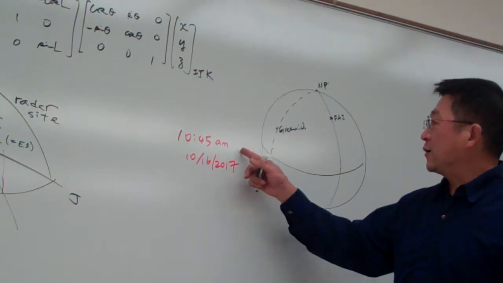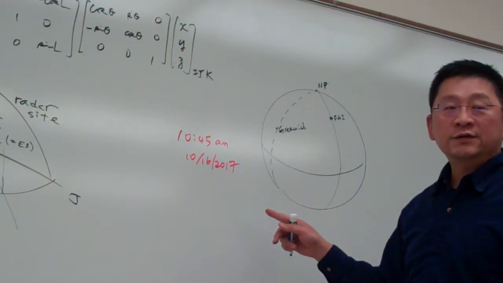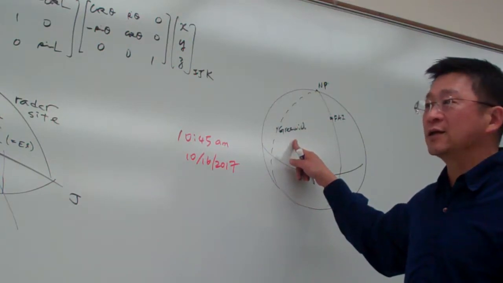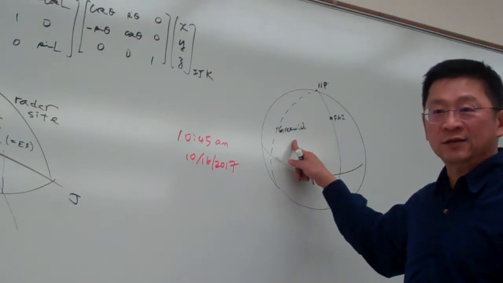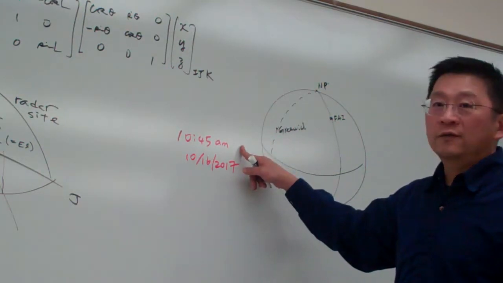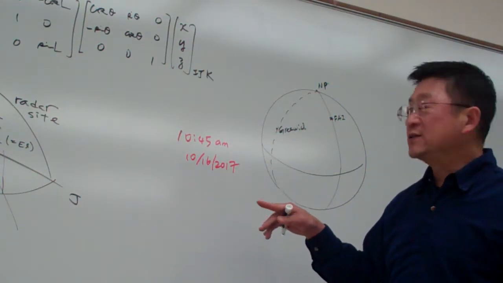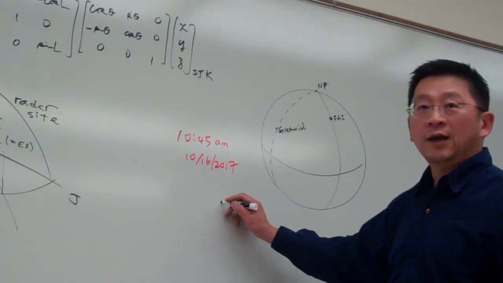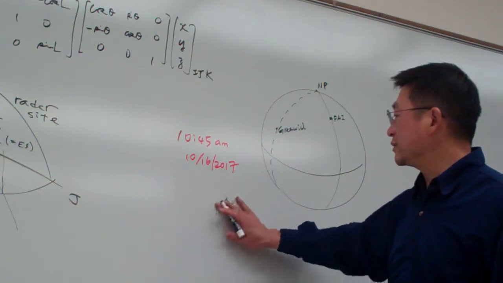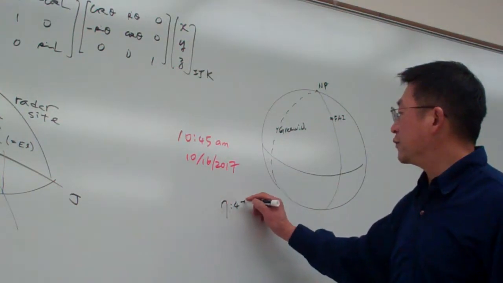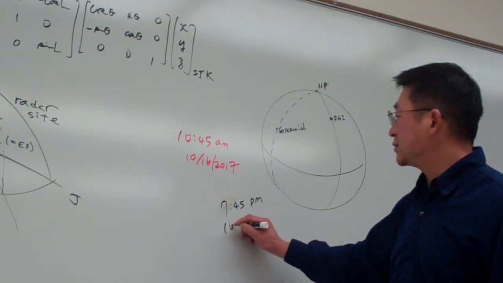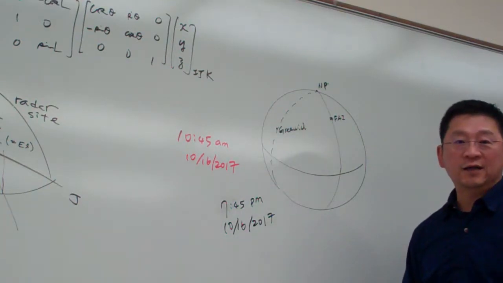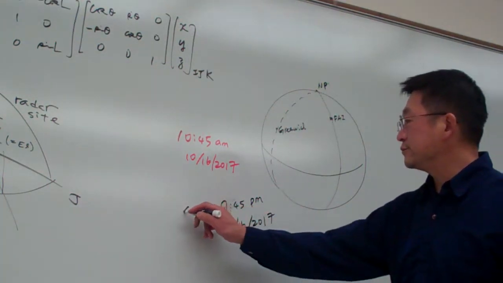Right now we're still in daylight saving time, so we are 8 hours behind. Actually, we are 9 hours behind Greenwich. So at Greenwich the local time is 19:45, which is 7:45 p.m. They have almost finished Monday of today. Okay, so that's Greenwich.